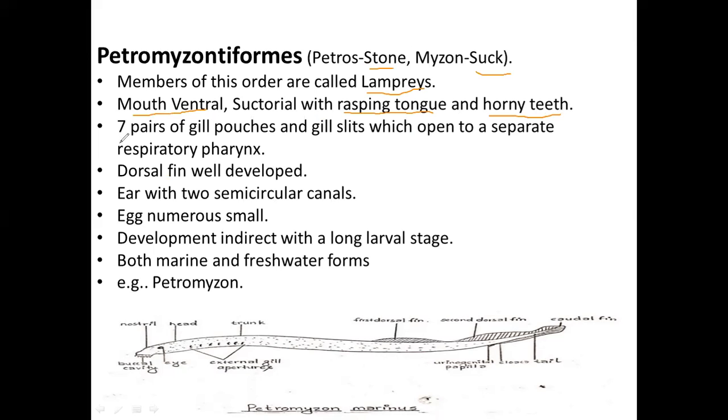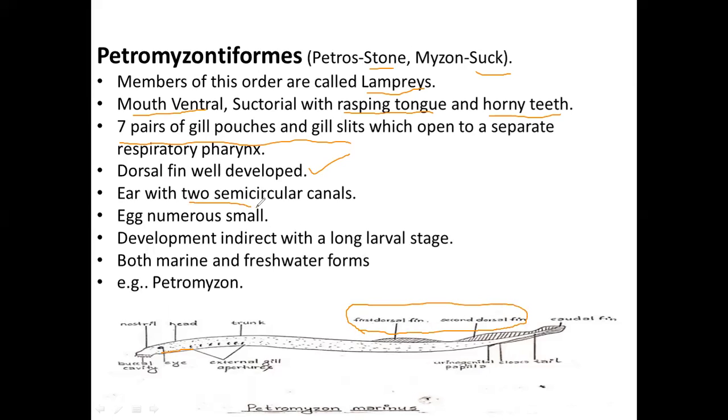They have 7 pairs of gill pouches and gill slits, which open to a separate respiratory pharynx. Each gill slit or gill pouch opens into a separate pharynx. Next, the dorsal fin is very well developed. This is the first, and this is the second dorsal fin.